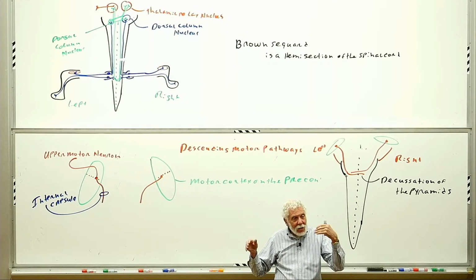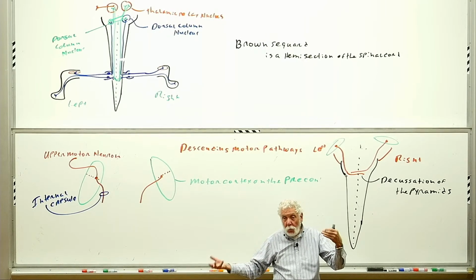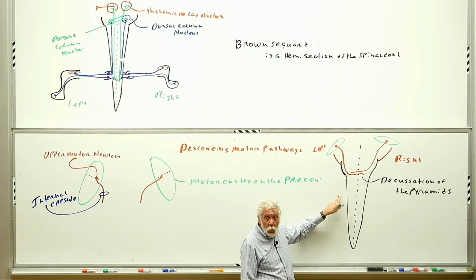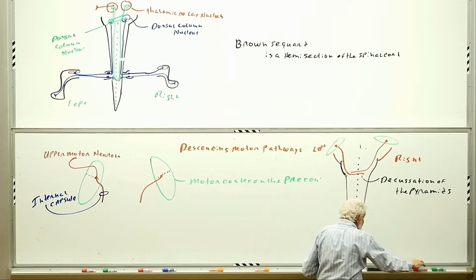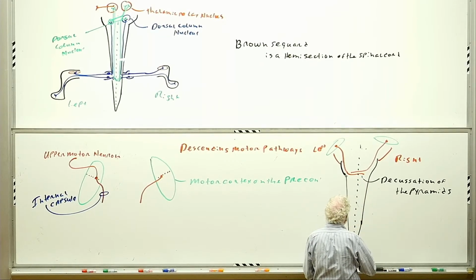The same is true here. We're going to cross over. It's just a developmental phenomenon. This happened 1 billion years or more ago, and we're stuck with it. And so the upper motor neuron crosses over, and then it enters the spinal cord.